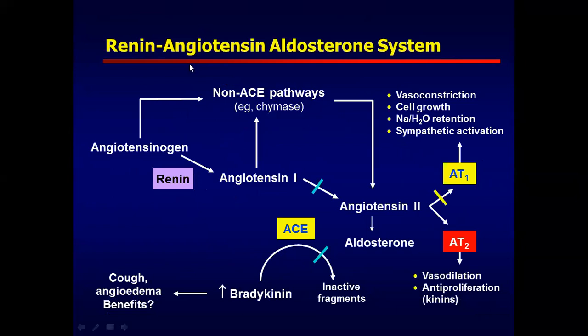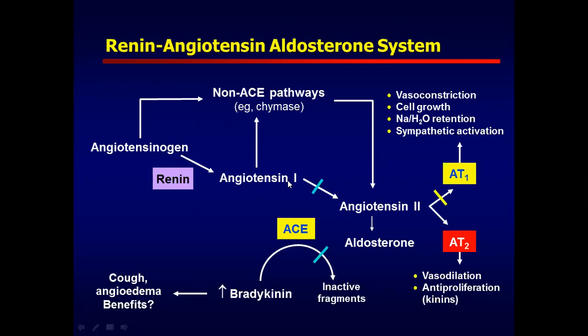If you remember this slide from the second year of medicine, this is the renin-angiotensin-aldosterone system. It is a very important slide because angiotensinogen is an alpha-2 globulin synthesized by the liver, and this protein is cleaved to angiotensin 1 by an enzyme released by the juxtaglomerular apparatus of the kidney called renin.